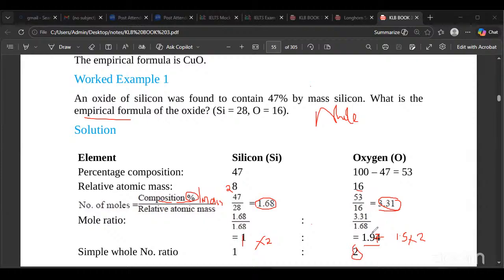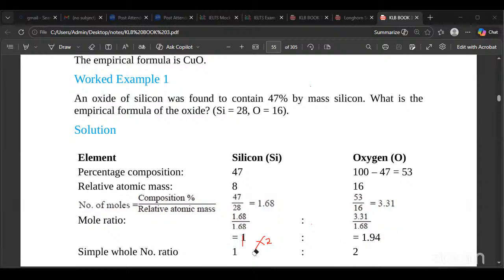What do you call that process in maths of making this one 2 rather than 1.9? Rounding off. Yeah, so we round off to 2. Now, once you round off, whatever you get qualifies as a whole number ratio.